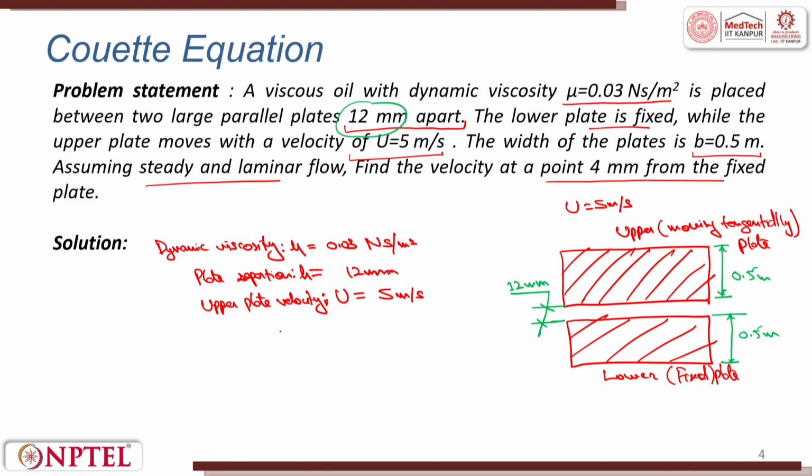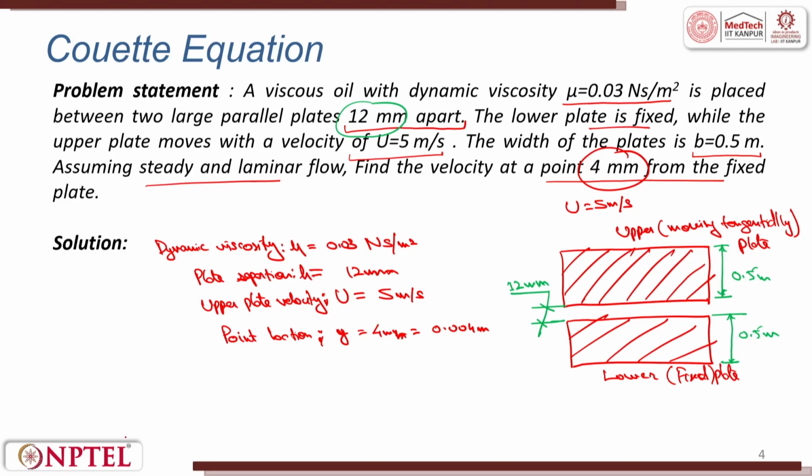The point location at which we need the velocity, that is y, is equal to 4 millimeters, as given in the question. Which means in meters I will put it as 0.004 meter.